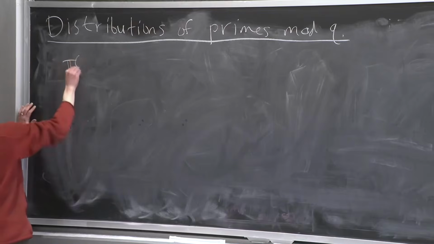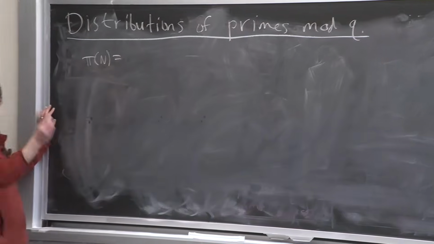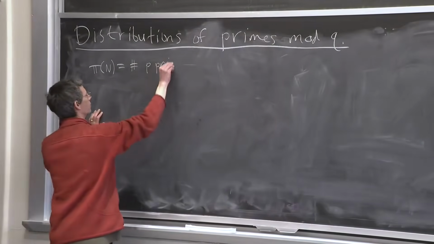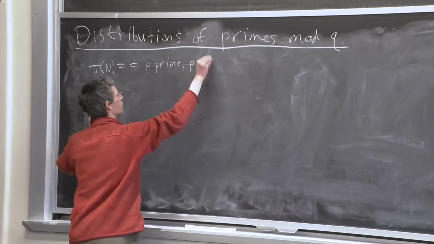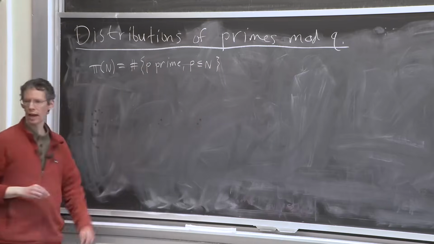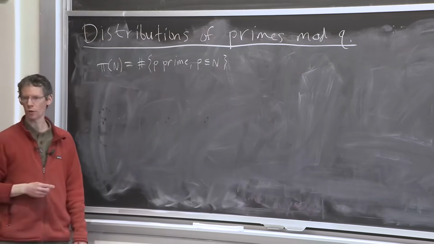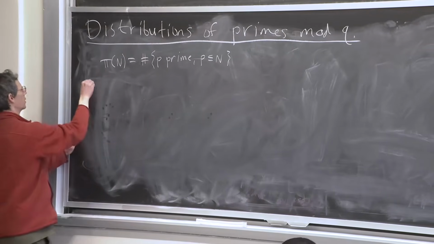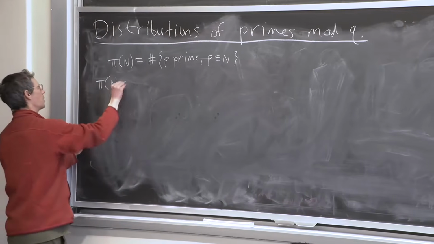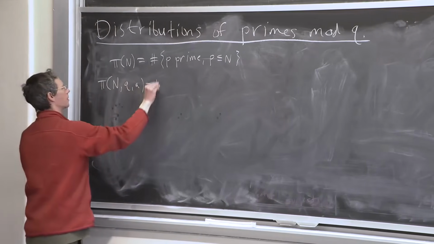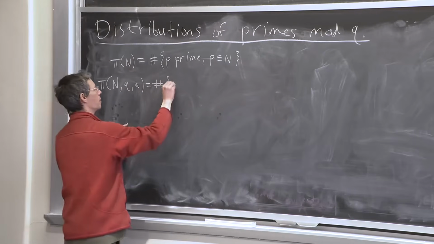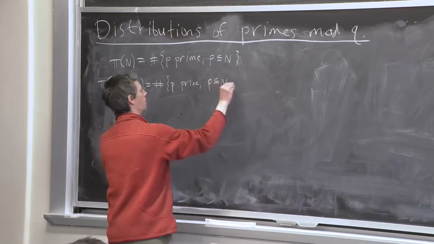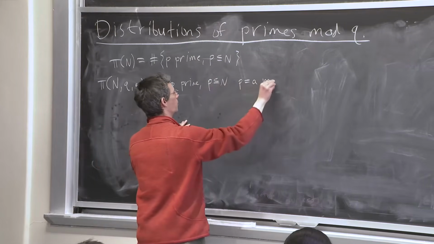So let's say pi of n is the number of primes up to n. And then we can look at them modulo q for some choice of q and see how many of those primes are in each modulus class. So pi(n; q, a) is the number of primes p less than or equal to n, and p equals a mod q.